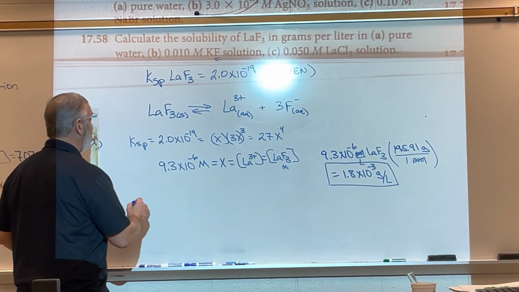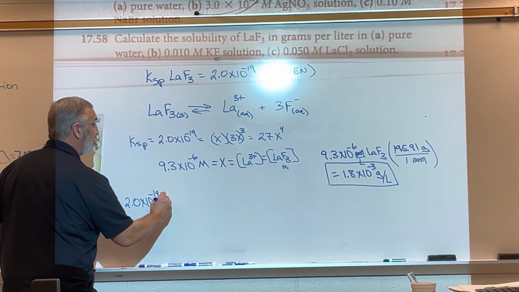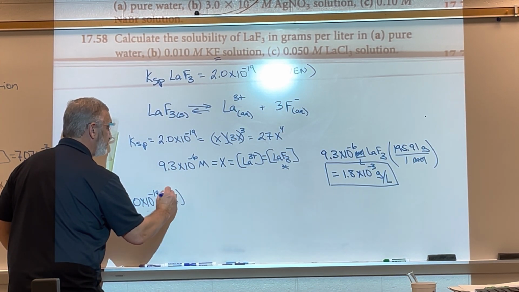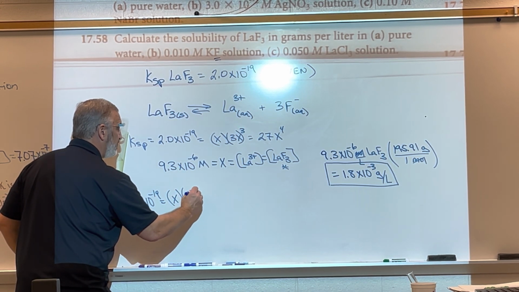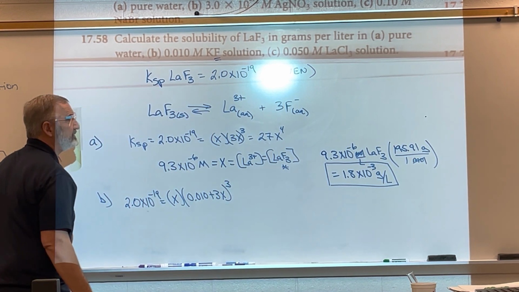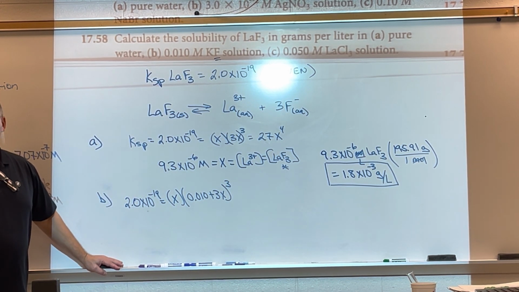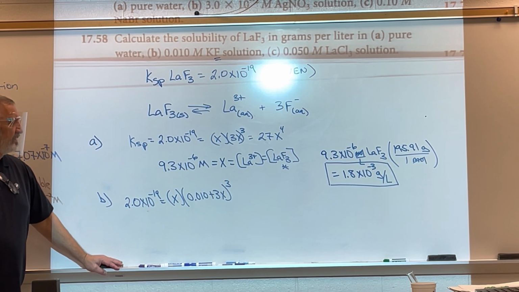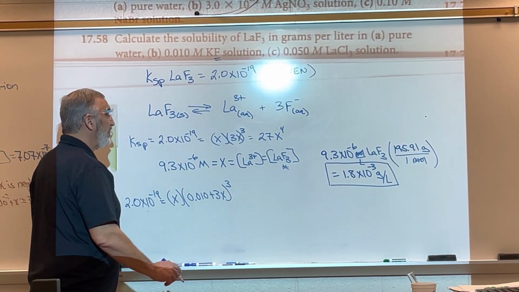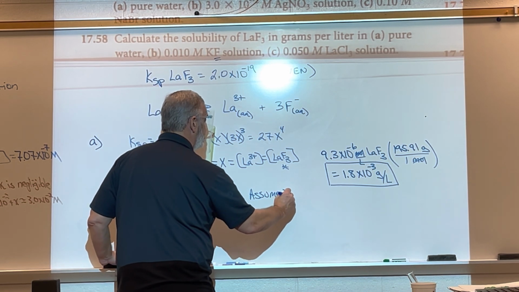So we're going to say then that 2.0 times 10 to the minus 19 is equal to x times (0.010 plus 3x) cubed. Is everyone good with that? Yeah? Now we assume x is negligible.